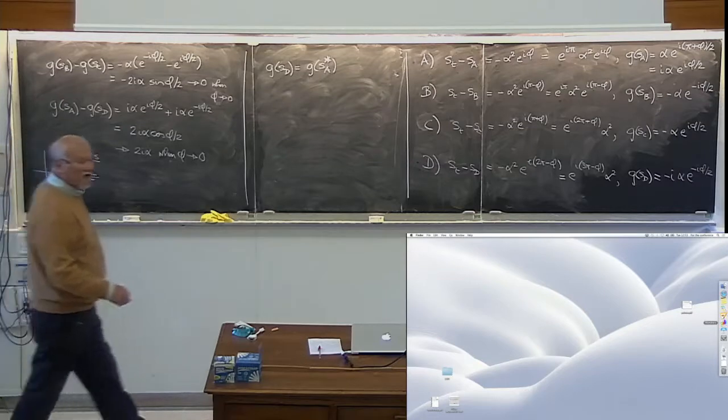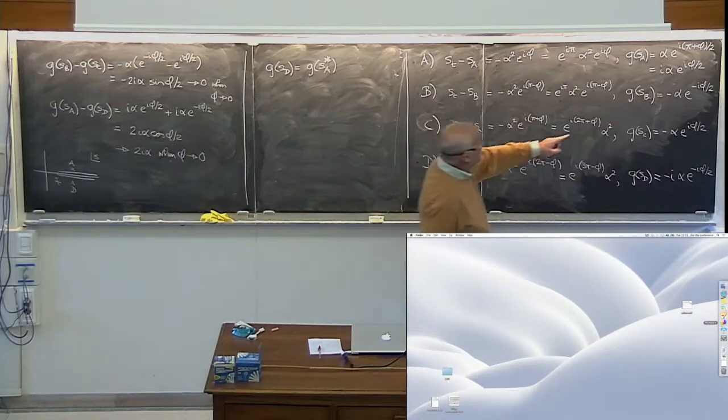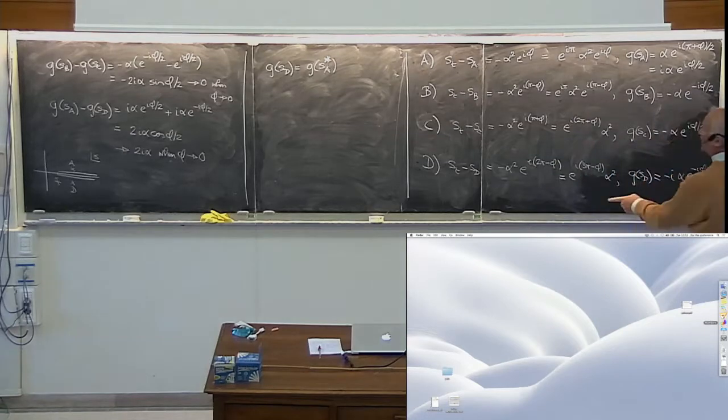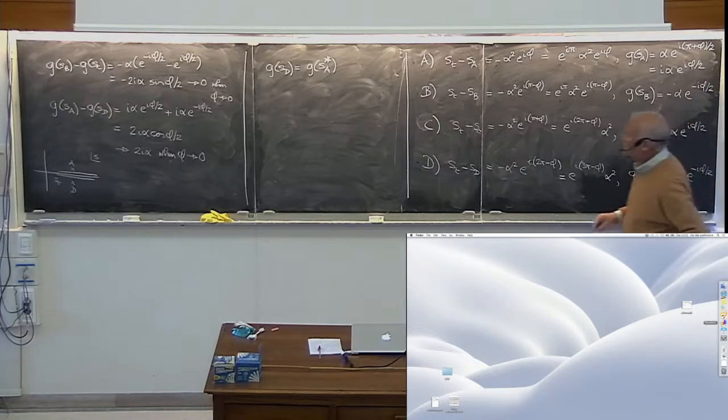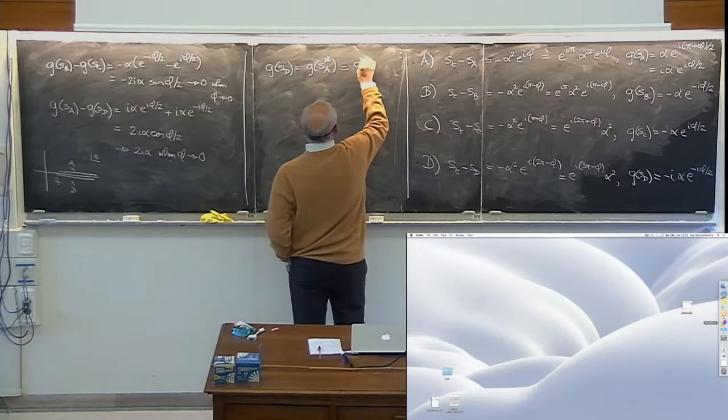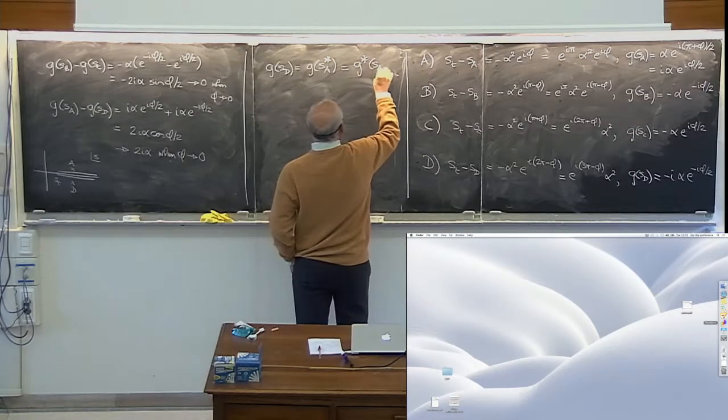Now look at the answer that we got. The value of the function at the point S_D is minus I alpha e to the minus I phi over 2. You see that that is just the complex conjugate of the value at A.